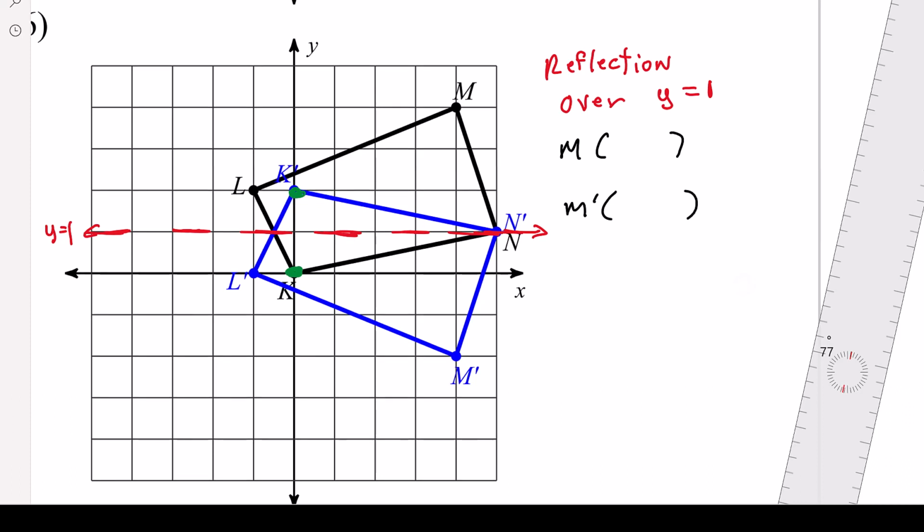So m is 4, m prime is 4, -2. Yeah, this one is going to be a little bit tougher to come up with a rule just by eyeballing it.